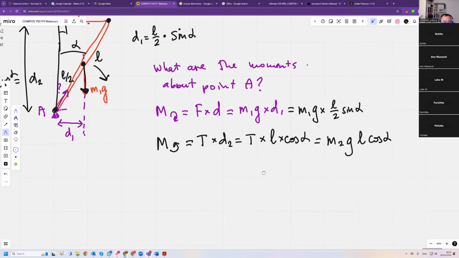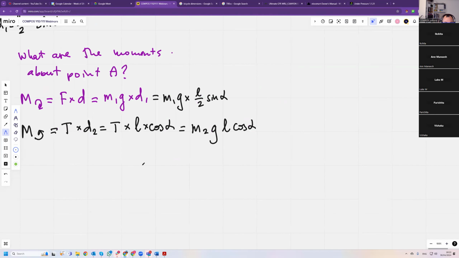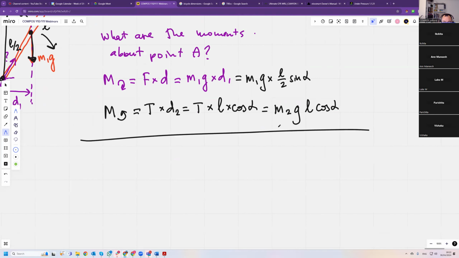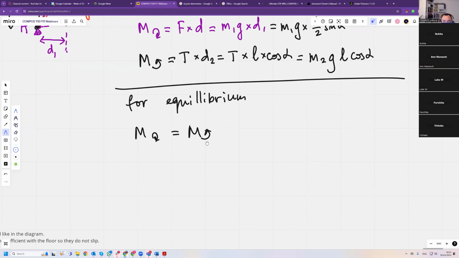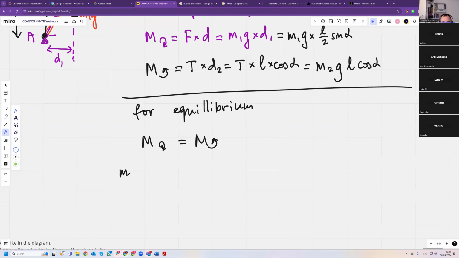Now, in order for the system to be in equilibrium, the clockwise moment has to equal the anticlockwise moment. And that means that M1G multiplied by L over 2 sine alpha has to equal M2G L cos alpha.